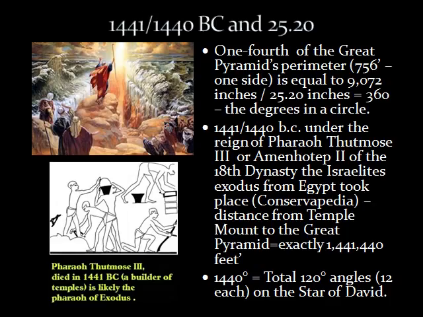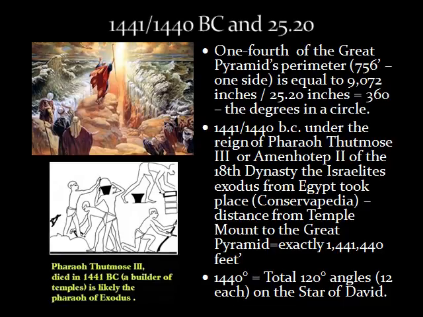1441 or 1440 BC is the early date, 1440, of the exodus of the children of Israel from Egypt, and we'll be discussing the relationship of that date with the measurement of the sacred cubit of 25.20 inches. 1/4 of the Great Pyramid's perimeter, that is, 756 feet on one of its sides, is equal to 9,072 inches.